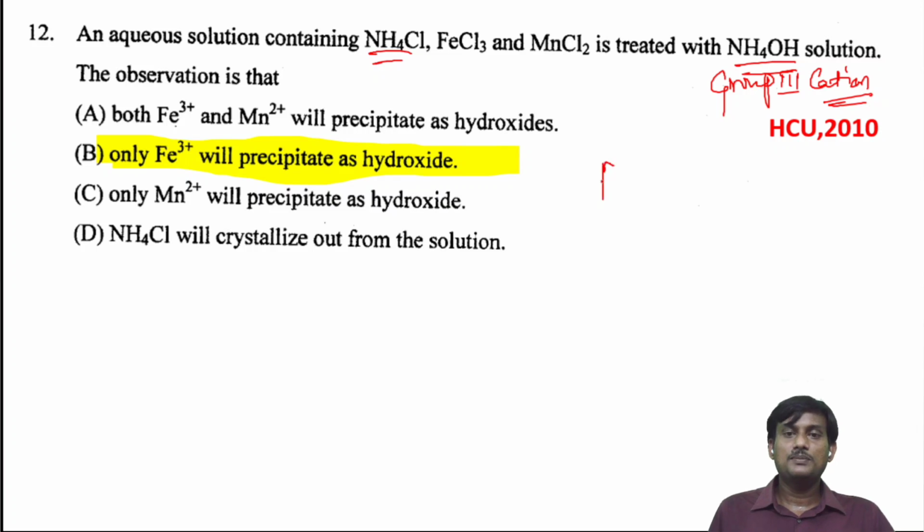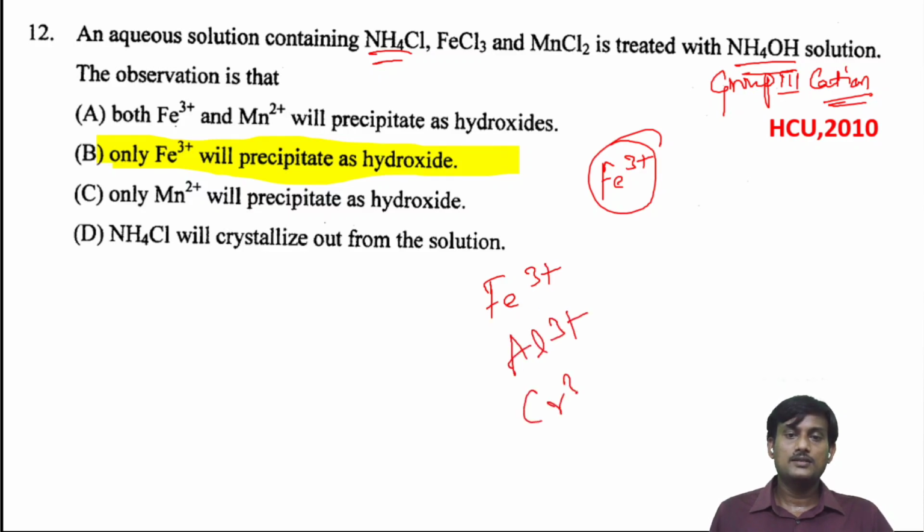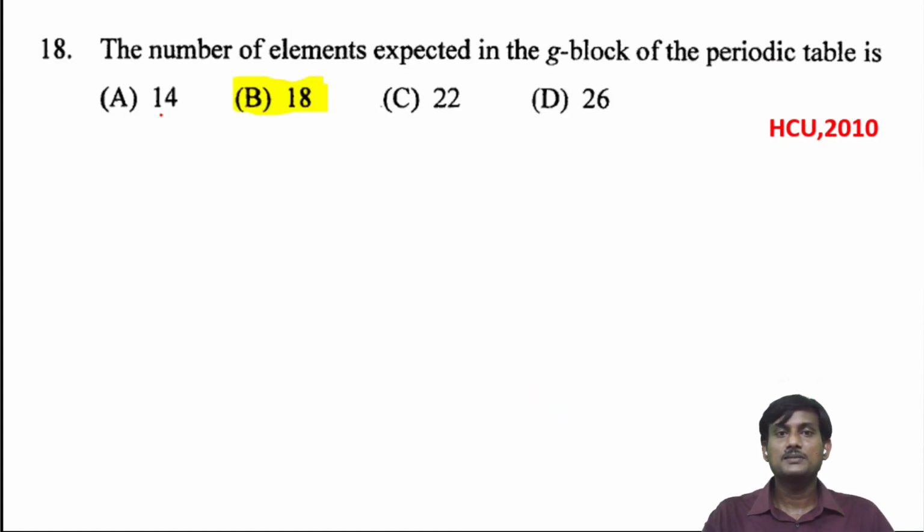Here we have Fe3+, which belongs to group 3 cations, so this one will be precipitated as hydroxide. We have Fe3+, Al3+, and Cr3+ in group 3. These cations will be precipitated by using NH4Cl and NH4OH. So the correct option will be Fe3+.